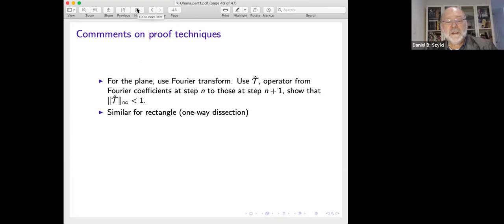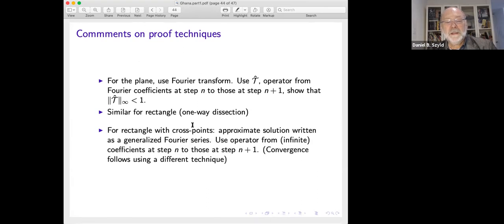On the rectangle, we can show something different. When we have cross points, we have to use a whole different technique, something called general Fourier series that maps infinite coefficients from one step to another.